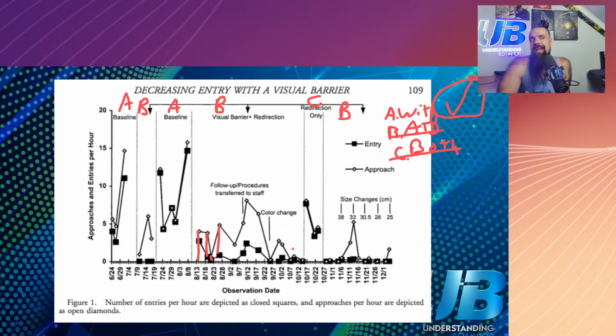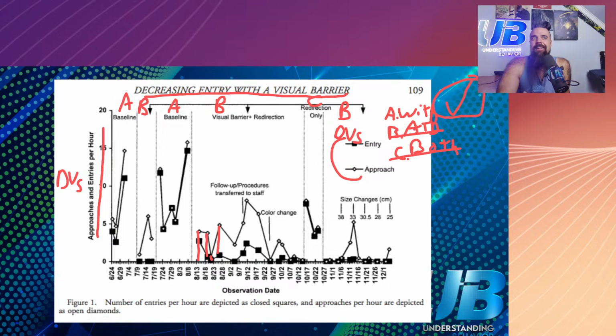Another thing you could look at, and I thought I was giving it away too much, is the chart title: decreasing entry with a visual barrier. Then we look at our y-axis label: approaches and entries. These are the dependent variables. We can also see in our legend that it labels our dependent variables, entry and approaches.